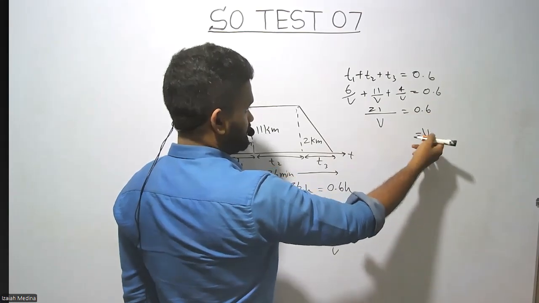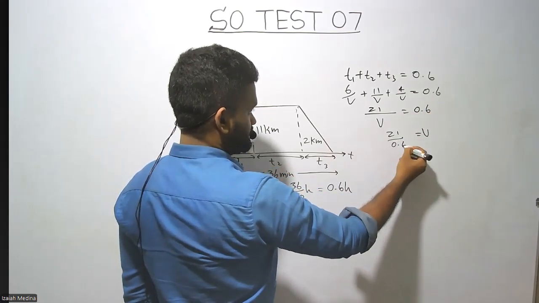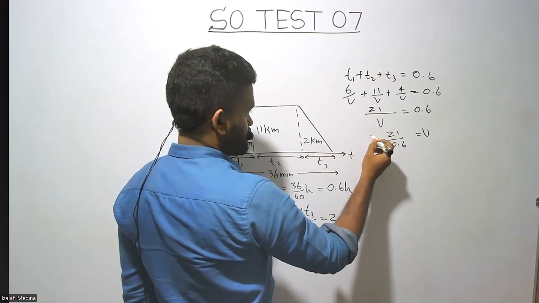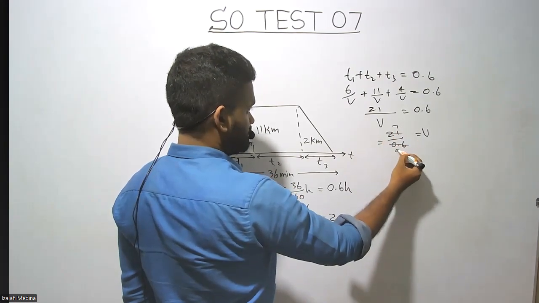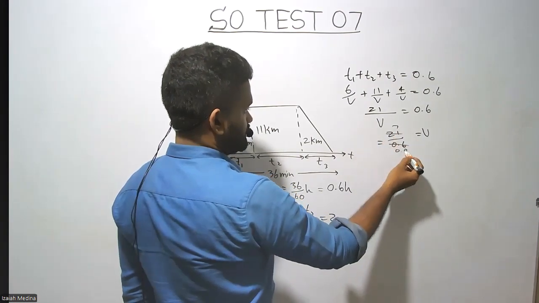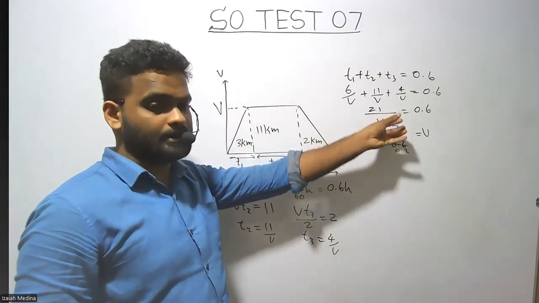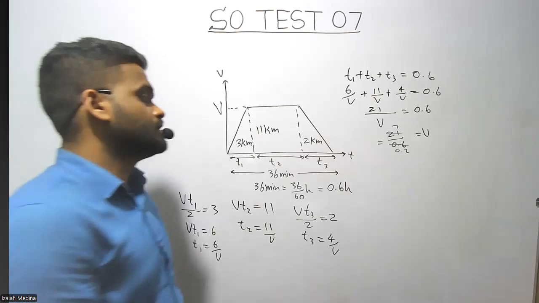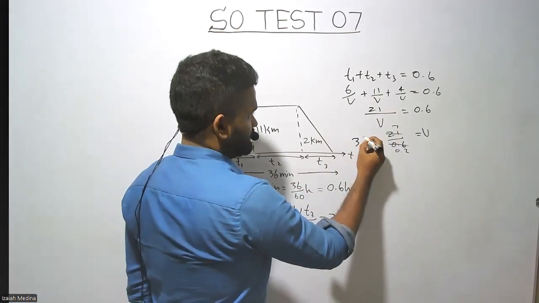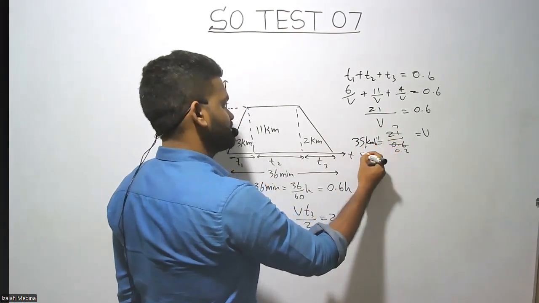So cross multiply, V equals 21 over 0.6. That is 7 divided by 0.2. 0.2 means 1 over 5, right? So as it goes up, it becomes just 5. So 5 times 7 should be 35 kilometers per hour.